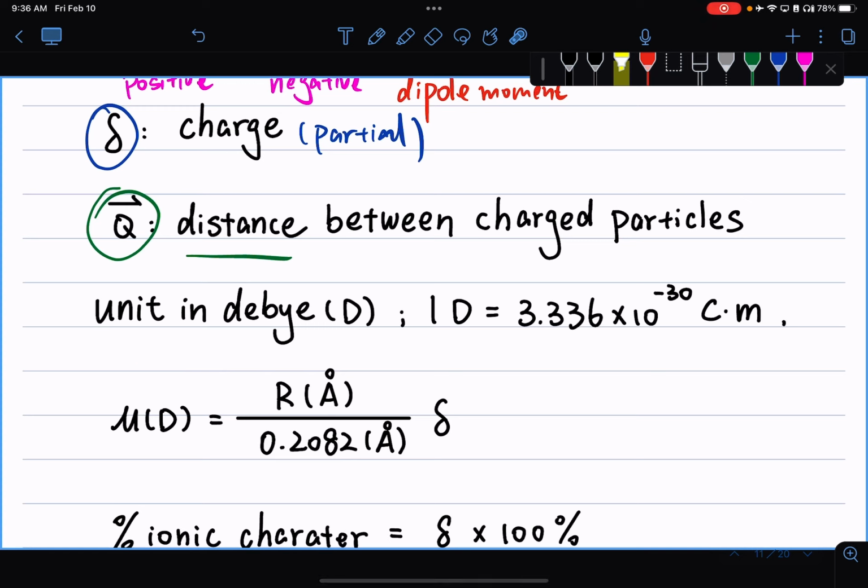So for the dipole moment, when we use it as chemists, we normally just plug in that r, which is our bond length here. And that's a conversion constant, you don't have to worry about it. And then at the end, we have our partial charge again.